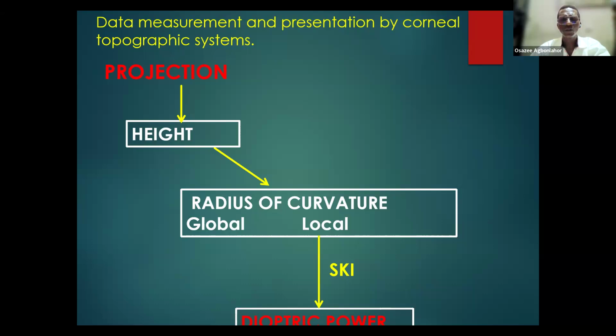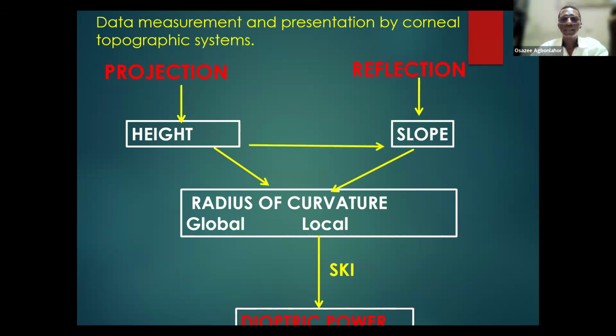And of course you can use that to get the dioptric power. The reflection base uses slope this time around, and of course that gives you the radius of curvature, and you can convert it to dioptric power, and that gives you the information you need.